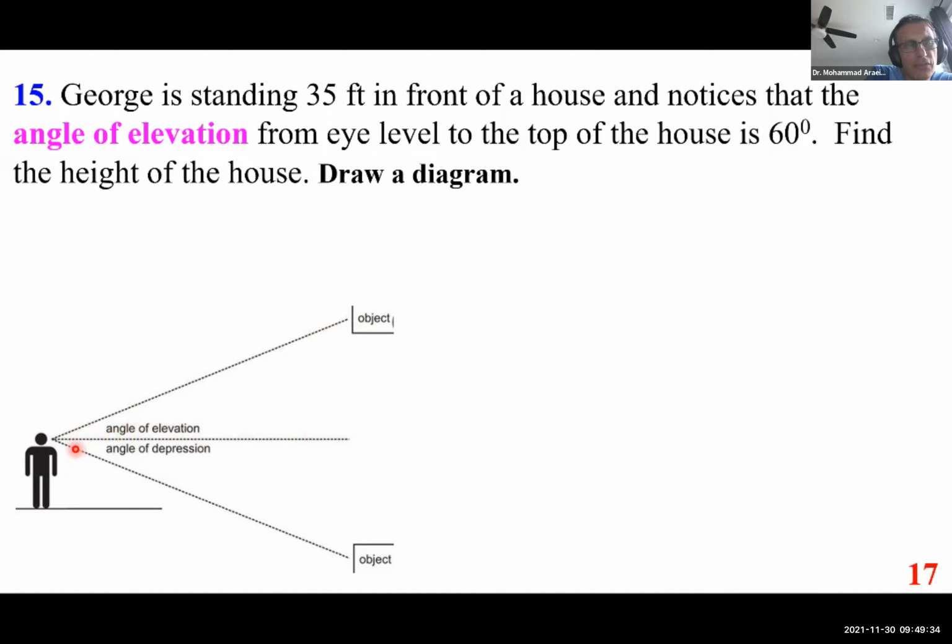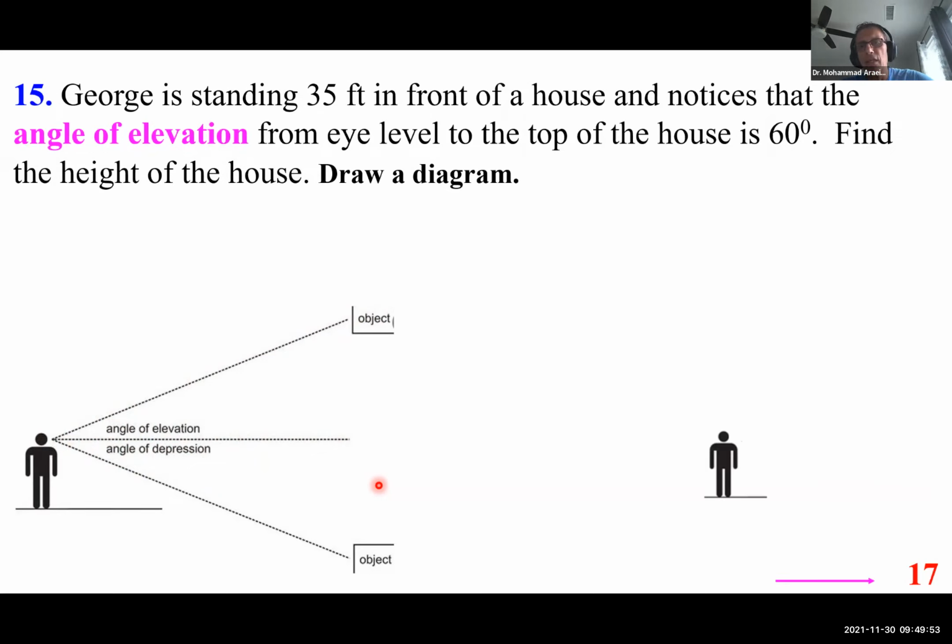On the other hand, if the object is below the horizontal line, this is called the angle of depression. So first, reminding you of what each one is. So that's important to understand. And now let's do the drawing.